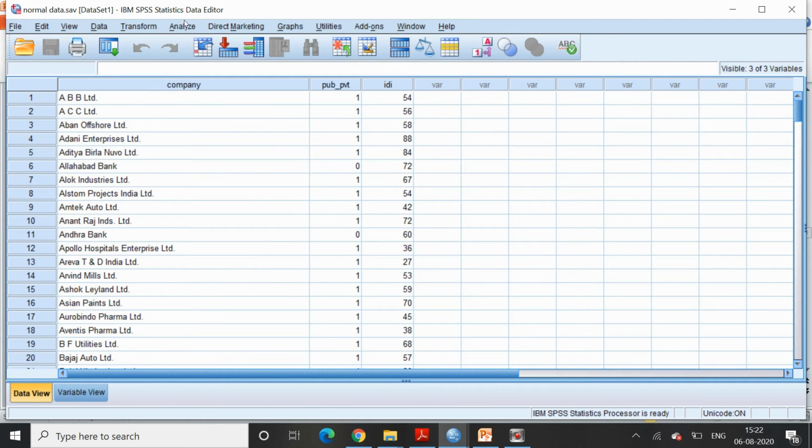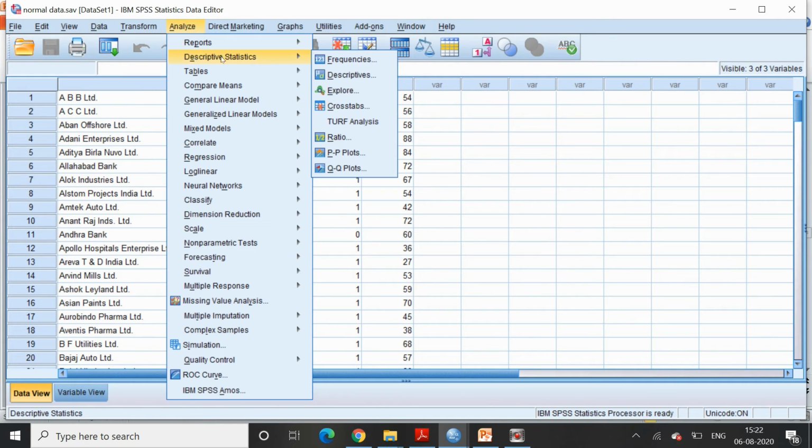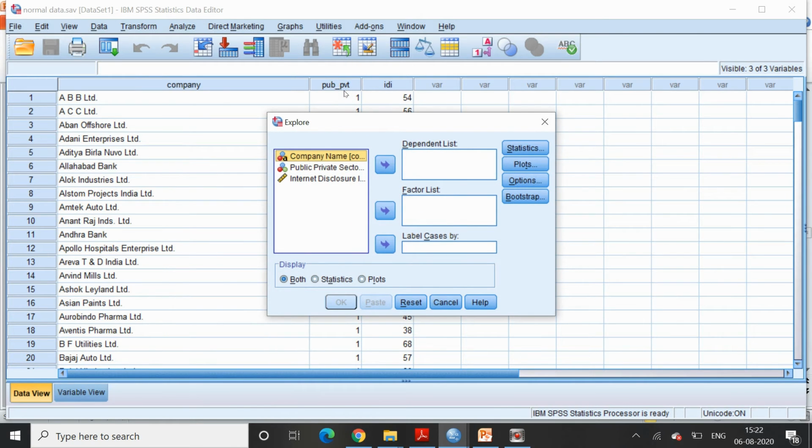Now we go to Analyze. In Descriptive Statistics, we go to Explore. The classification of public sector or private sector company is the factor, so we take it to the factor list. The internet disclosure score goes to the dependent list.